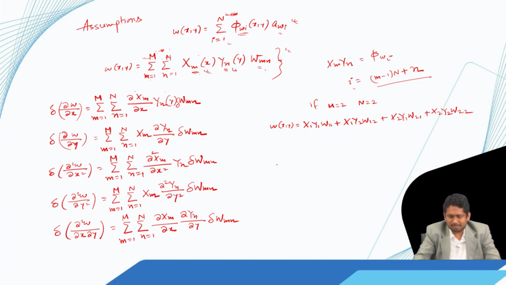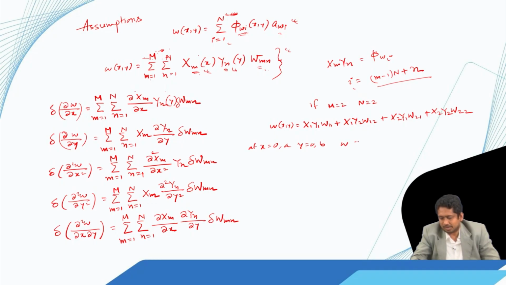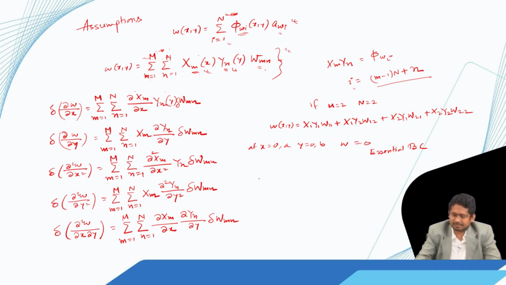Now, for this particular problem we have to make some approximation for x m and y n, and we know that our requirement is that we should at least satisfy the essential boundary condition. So, here at x equal to 0, a and y equal to 0, b, we have w equal to 0, and this is our essential boundary condition. So, this has to be at least satisfied. If we can satisfy the natural boundary condition, that is well and good, but at least this should be satisfied.